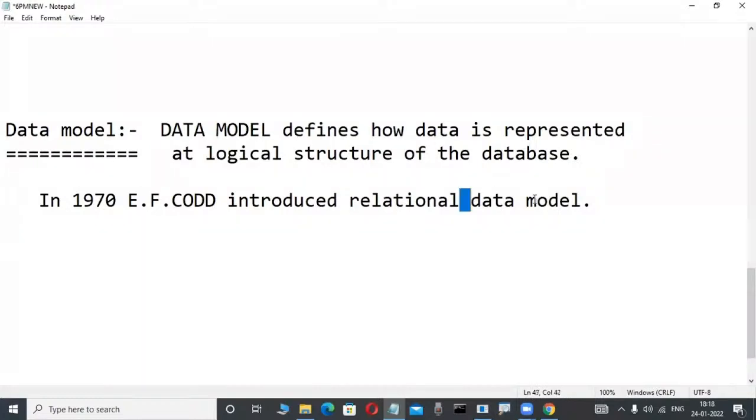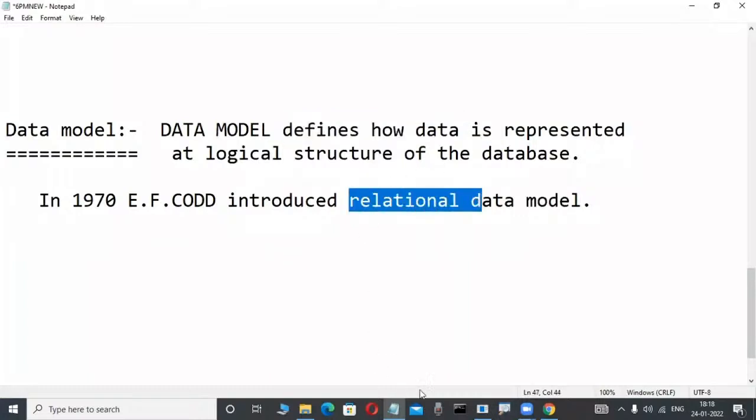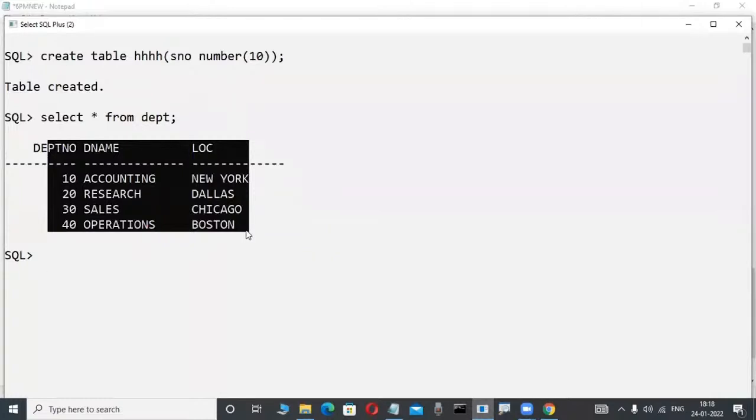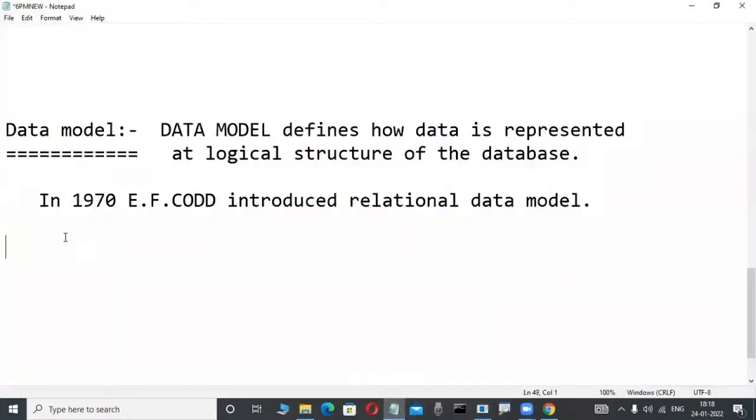What does relational data model mean? How is data represented in a logical structure? This logical structure is not visible in the operating system. In this logical structure, data is represented in the format of rows and columns, which is nothing but two-dimensional tables.